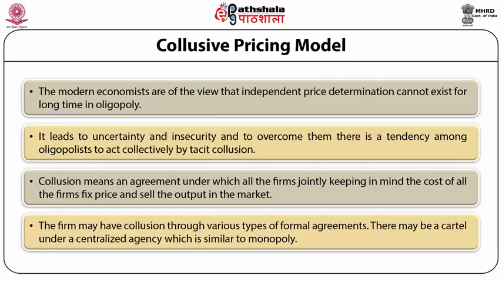So, collusive oligopoly is a situation under which all the firms jointly determine the price and share the market in view of their cost conditions, with the intention to maximize the joint profits of the industry as a whole.